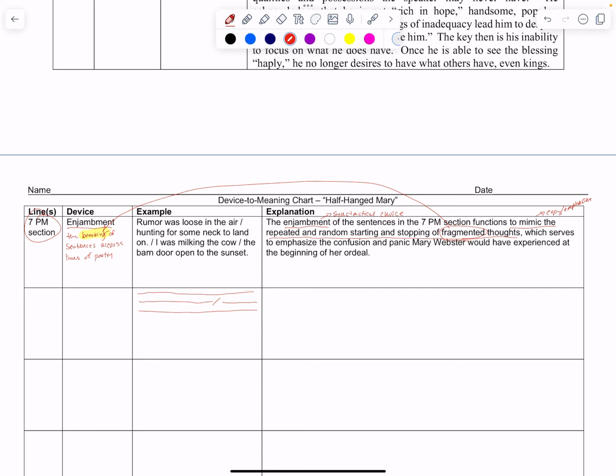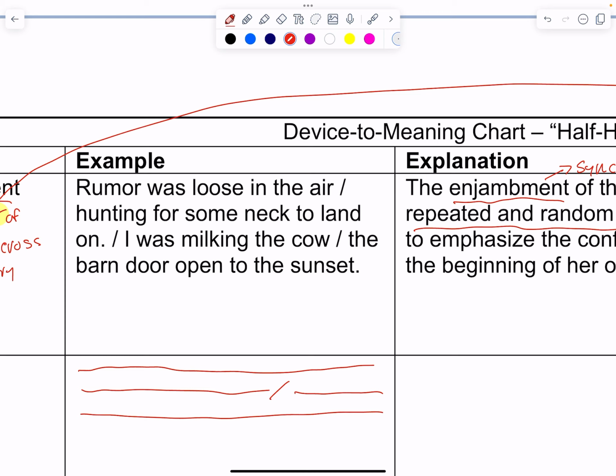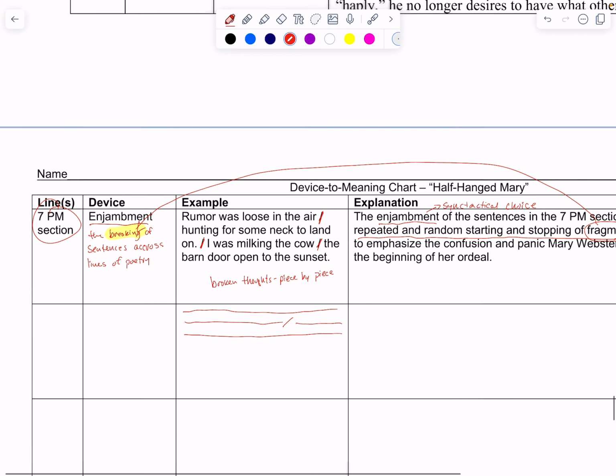So the reason that we have broken sentences in the stanza is because as Mary is trying to figure out what is happening, these thoughts are broken. They're coming in piece by piece, okay? Broken thoughts, piece by piece, okay?